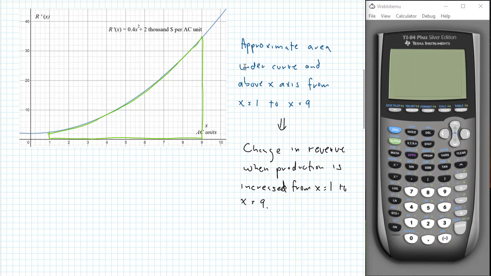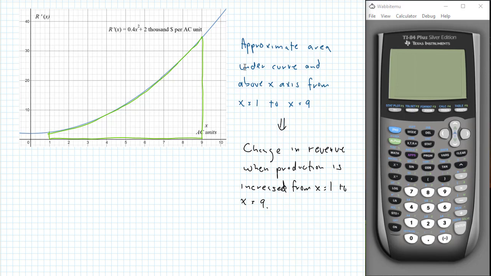So the first thing I need to do is draw these rectangles in, and I'm going to draw them in a specific way. I'm going to use 4 rectangles here. You could use a different amount. But if I need to put 4 rectangles from 1 to 9, that's a total of 8 units. That means that each one of these rectangles has to be 2 wide.